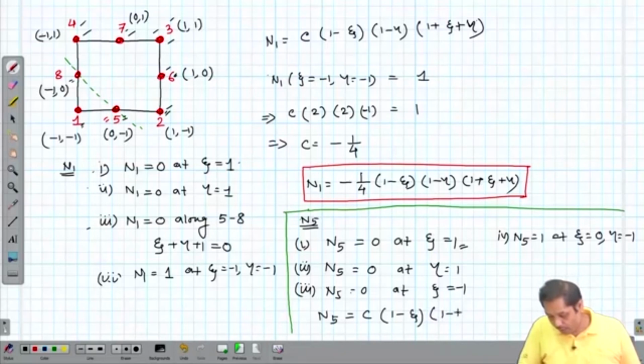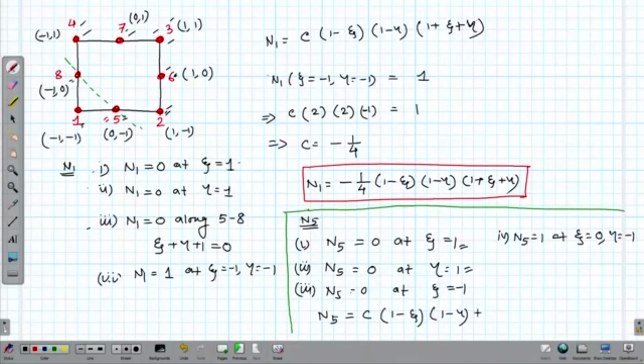It must contain 1 minus eta, that is from this expression. It must contain 1 plus xi, this is from this expression. Then if we substitute in N5 the fourth condition, we will get that C is equal to half.